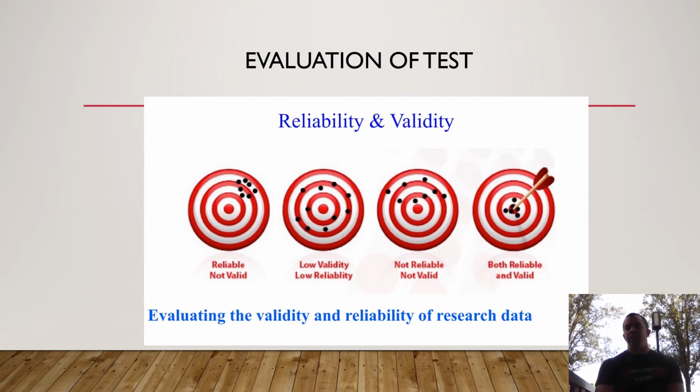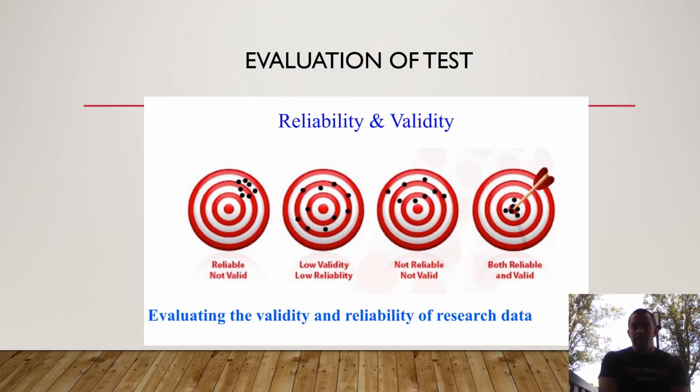And here's just a graphic of what validity and reliability can look like. We want that picture on the right. We want these shots to be tightly packed. What does tightly packed mean? That means it's reliable. So on the left, they're tightly packed, but they're not hitting the target we intend to hit, so it's not valid.